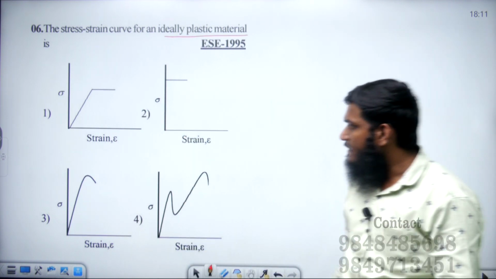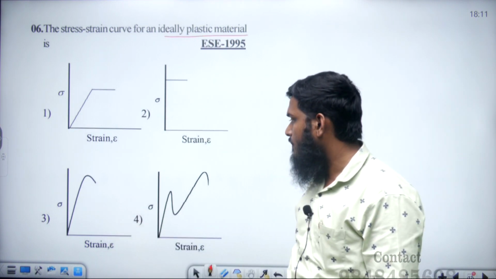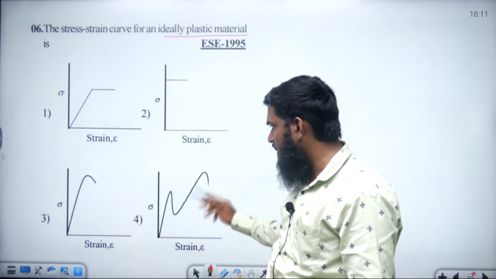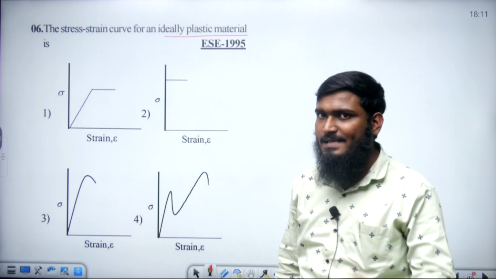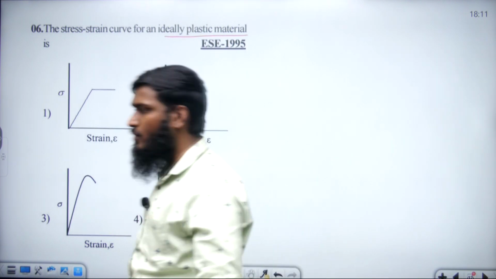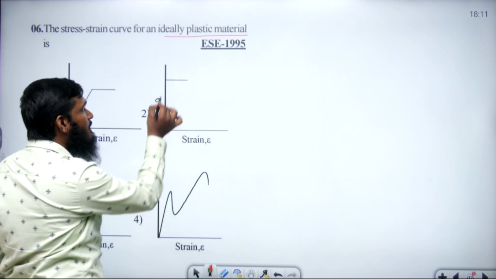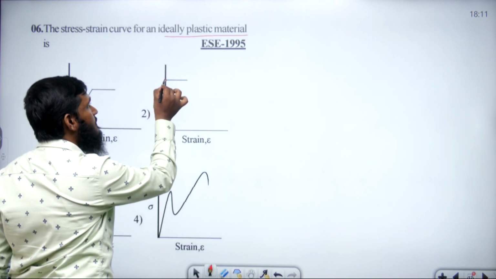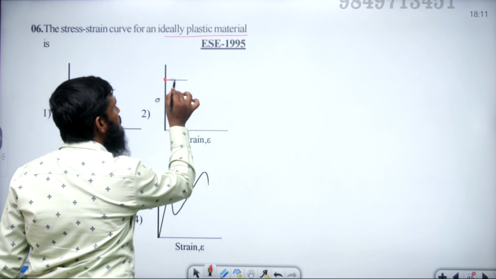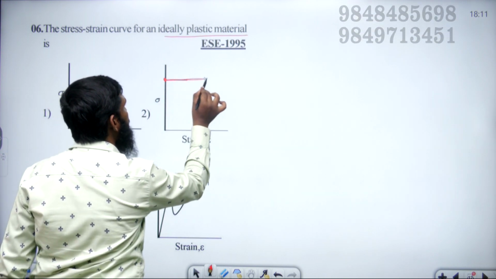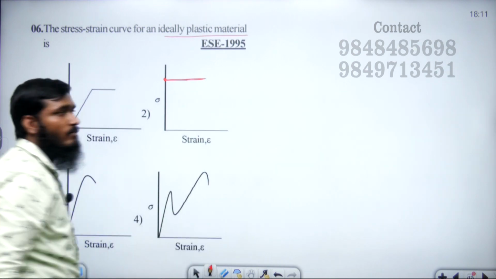In this part also stress and strain are increasing and decreasing together. But in the second graph, the second option, what are we having? We are having constant stress, and the strain is increasing. Understood?